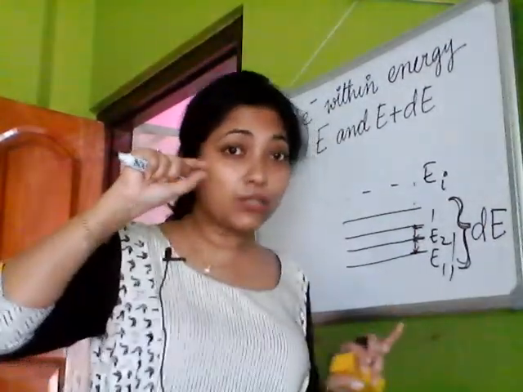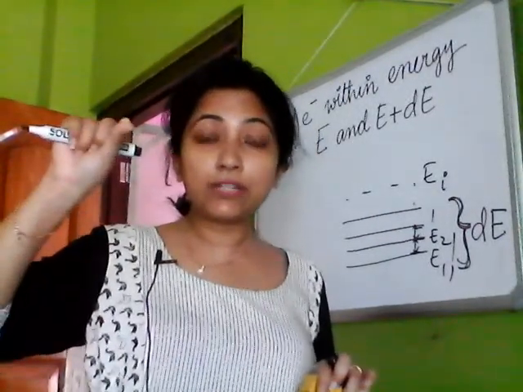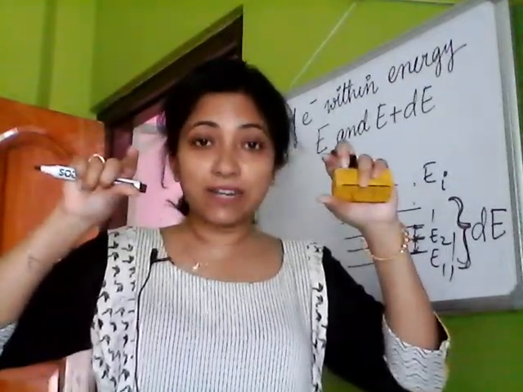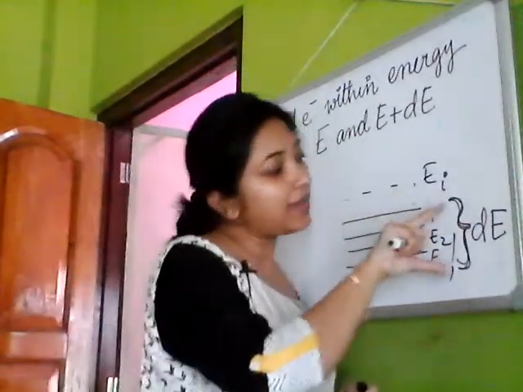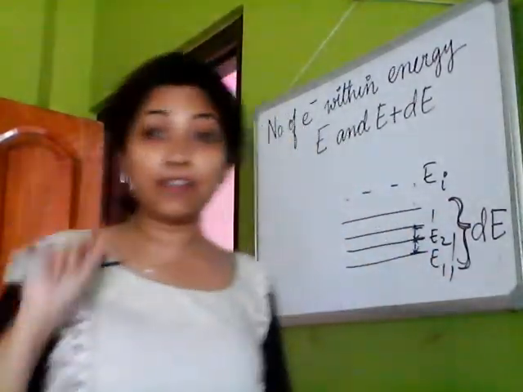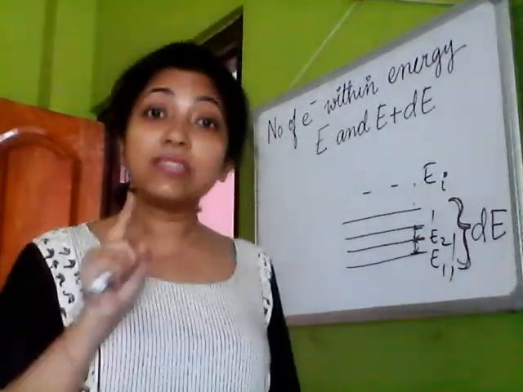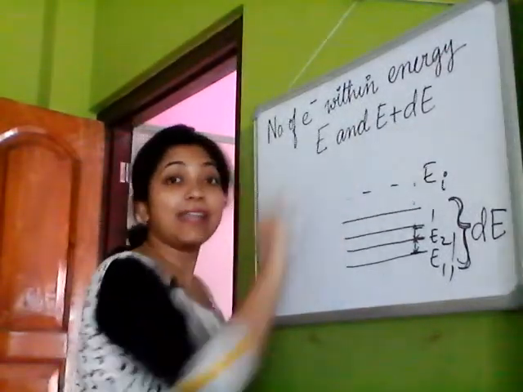So suppose I'm considering a few of the discrete energy levels E1, E2, E3, E4 and clubbing them together, considering the entire band of energies, and we are calling that dE. So this is the meaning of this particular line as well.